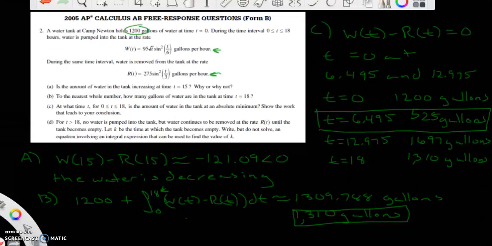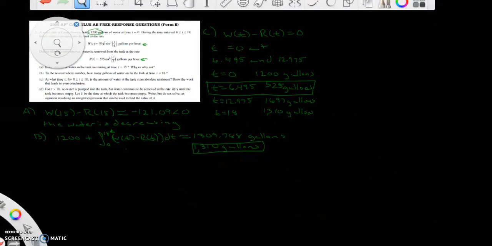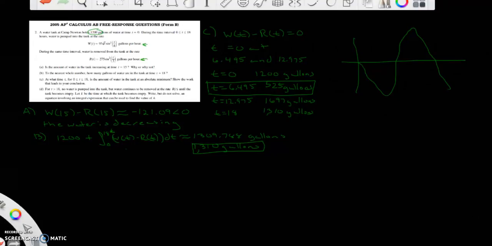The graph was, let me just zoom out so we could see it. And let me move this so it's not an issue. So when I did it, the graph of the rates was something like this. So I knew right there this was the minimum because I had a lot of negative distance, and at 0 it was traveling in downward direction.